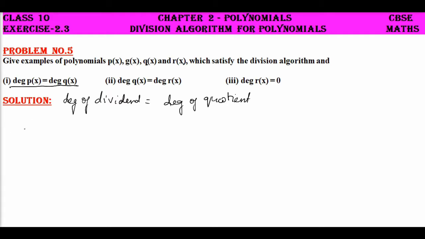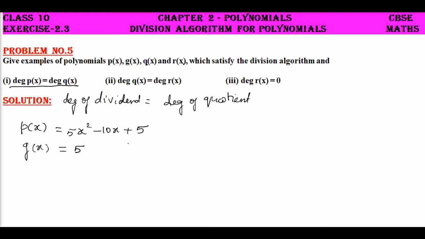So, using this, let me take p(x) equal to 5x square minus 10x plus 5. And let me take g(x) to be a constant. You can take any constant. In an easy way, see, 5 is a common factor here, so let me take 5 itself as the constant.